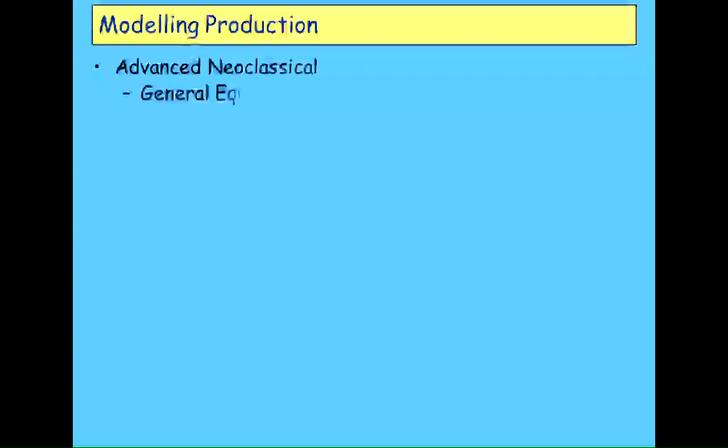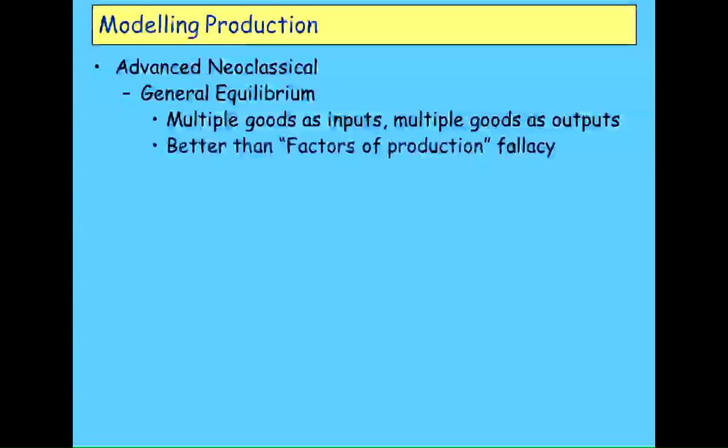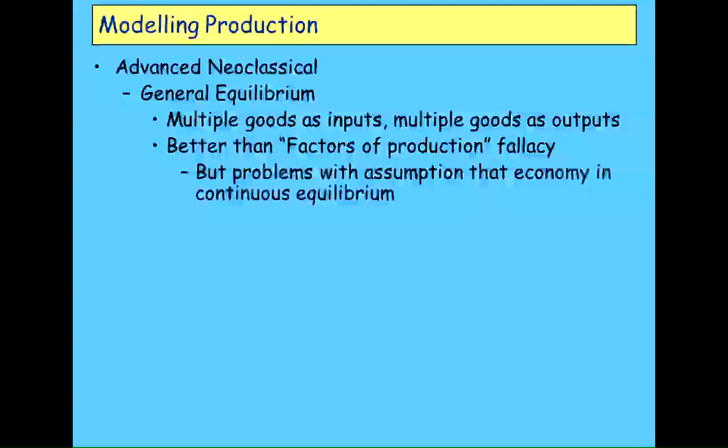Now, an advanced neoclassical approach was what they call general equilibrium, and that did have multiple goods as inputs and multiple goods as outputs, so that's a better way of going than the factors of production nonsense they teach to you guys. But there are problems even there because they assume the economy is in continuous equilibrium. Yet if you look at the mathematics behind the models themselves, they do not and cannot converge to equilibrium.